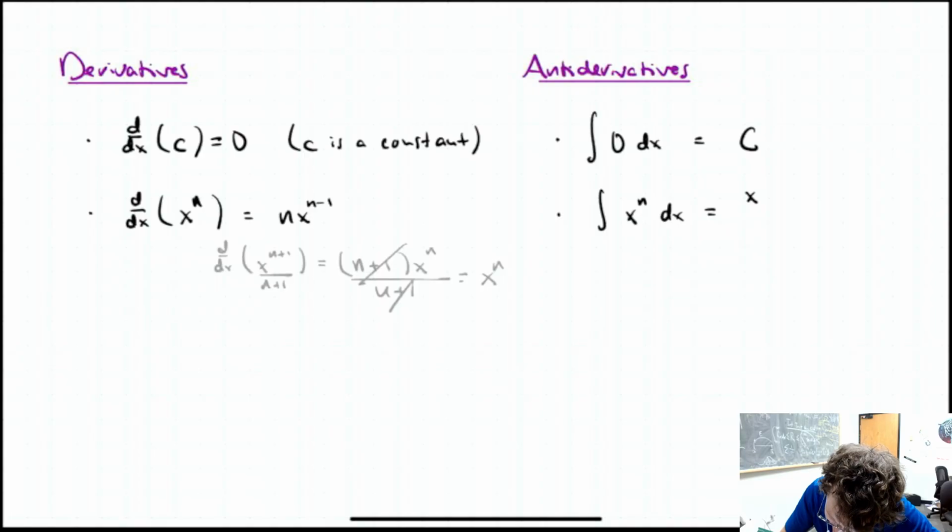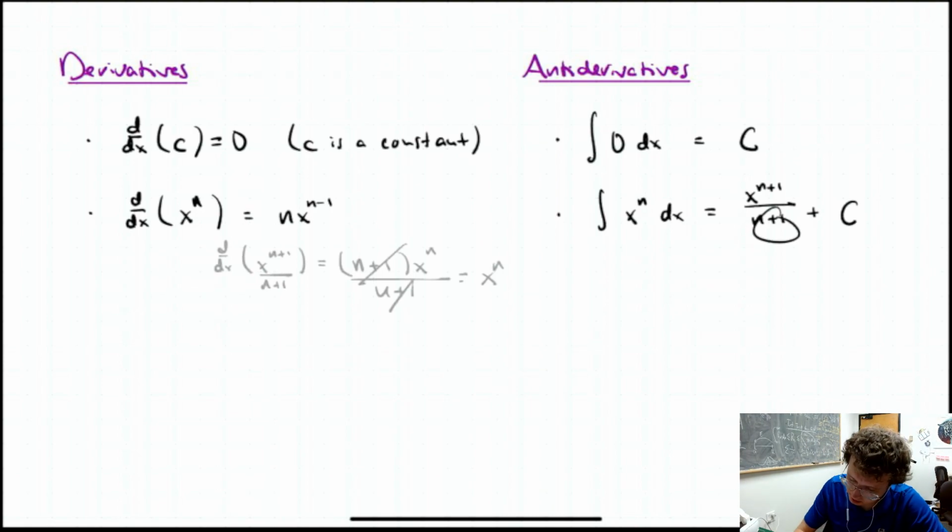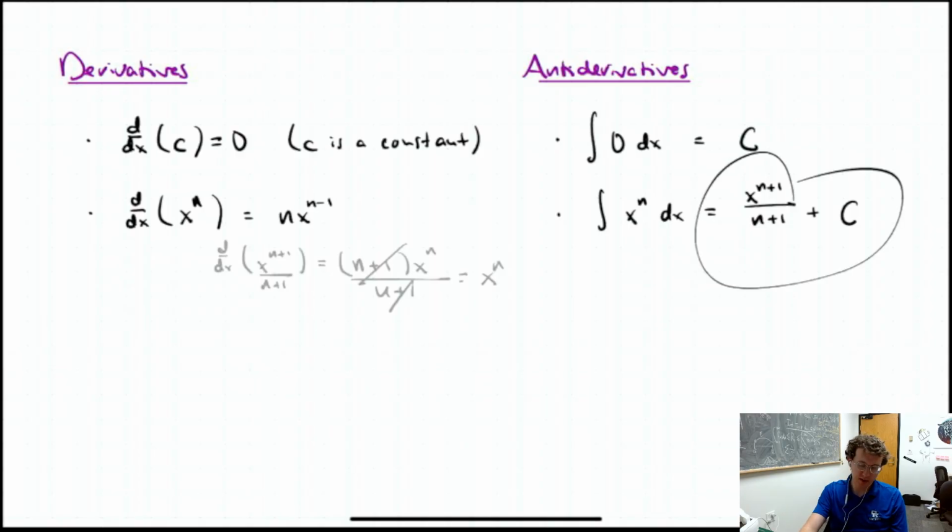So the antiderivative of x to the n is x to the n plus 1, divided by n plus 1. And if you go back and look at all of the examples we did in the definite integral Dominoes, where I was trying to guess what the coefficient should be, for example, when I integrated x to the 1/3, you'll see that it does follow this rule.